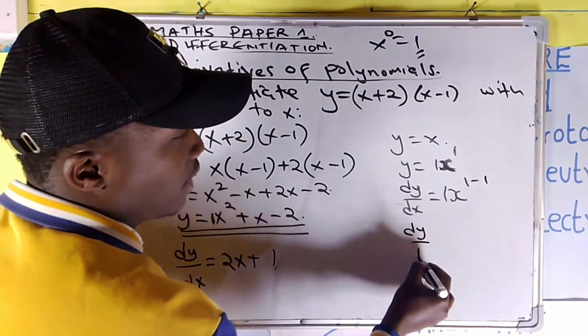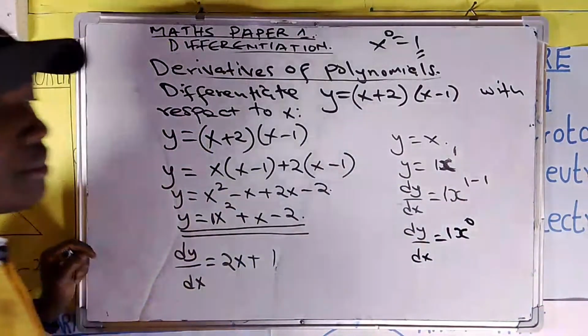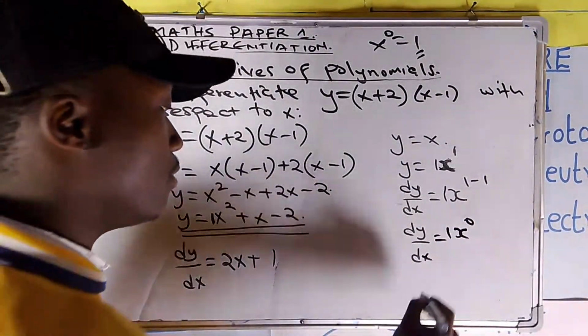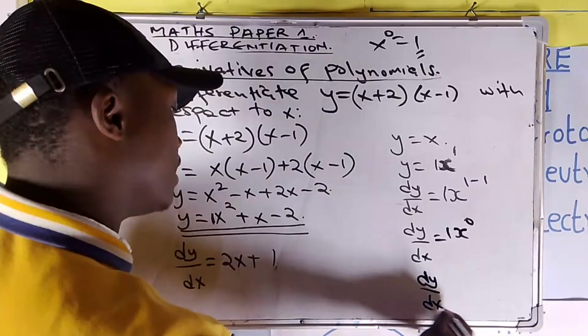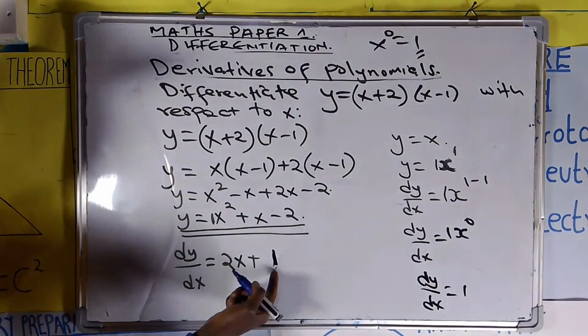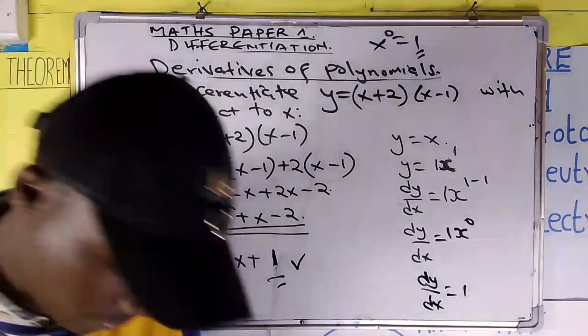So dy over dx is 1x to power 0. Remember, any number to power 0 is 1. So 1 times 1 is 1, and dy over dx is equal to 1. That is why when you differentiate x, you get a 1. And you are done.